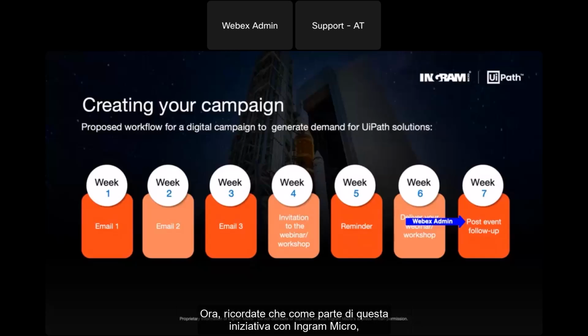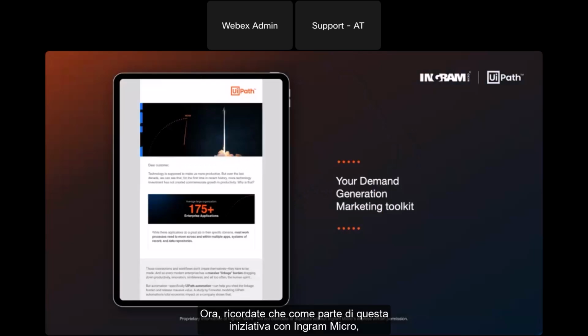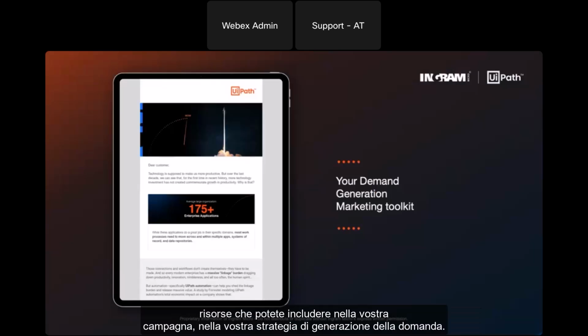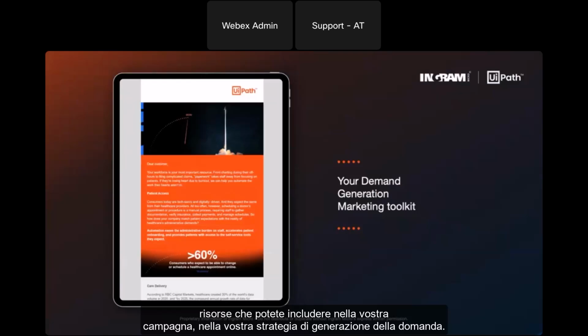Now remember that as part of this program with Ingram Micro, we are going to share with you a demand generation marketing toolkit with a number of assets that you can include in your campaign, in your demand generation strategy. We have assets built around different industries.